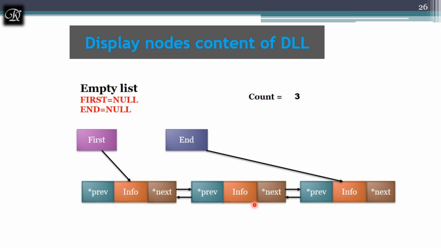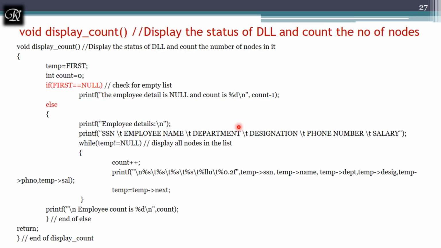And next I'm going to move to another node, which is the last node in this situation, and I will display the information of this node, and the count is now 3. And after displaying all these 3 informations, what I have to do is I have to display the count. Let's see with the help of code.